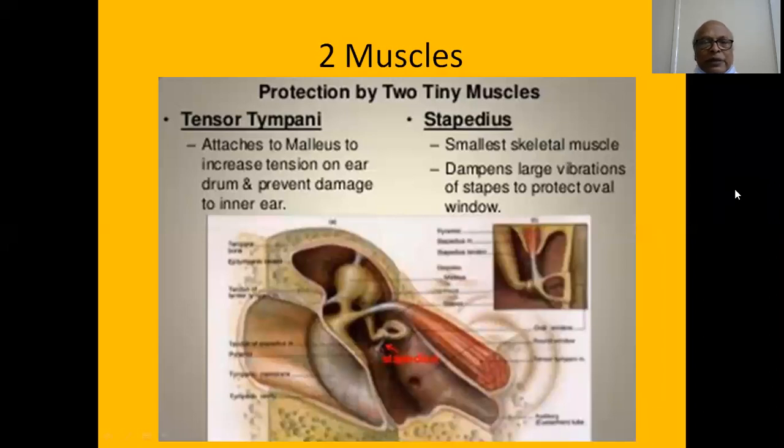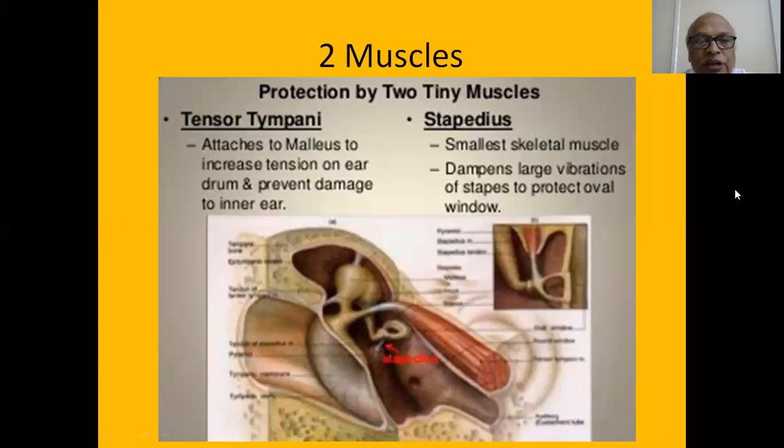The tensor tympani muscle takes its origin from its canal for tensor tympani along with a portion of the sphenoid bone nearby, and traverses backwards into the middle ear cavity close to the eustachian tube, takes an acute bend near the processus cochleariformis and gets attached at the neck of the malleus.